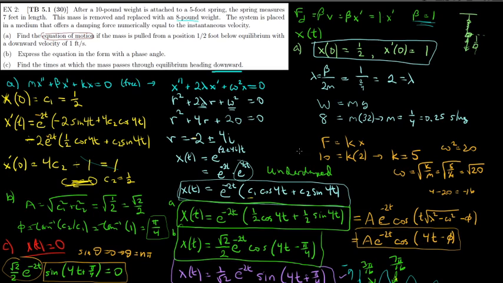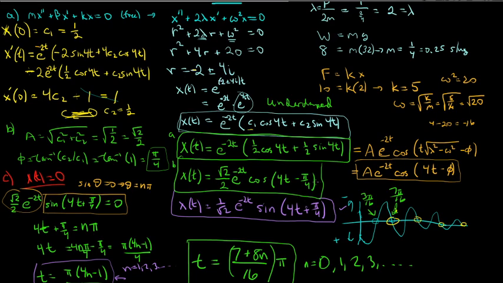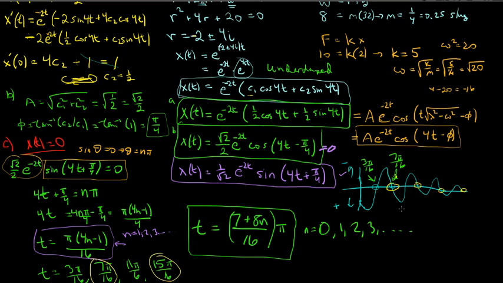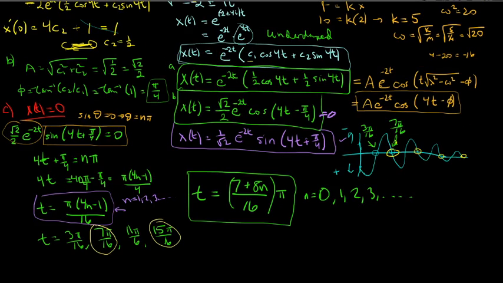At least the book agrees with me that this is the correct solution for part A. And this is my part B. This is the book's part B. And it's a little easier to solve where sine is 0 than cosine is 0. But we would have gotten the same thing if we set this equal to 0 and solved for t here. It just would have been a little more of a hassle because you're talking pi over 2, 3 pi over 2, and so on. All right, so that's that.